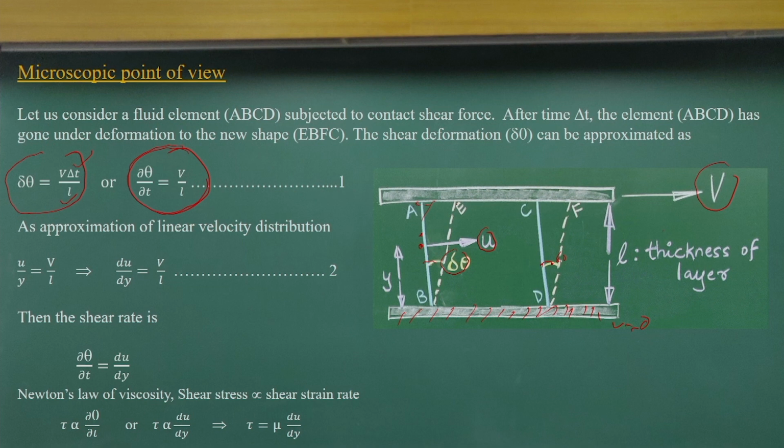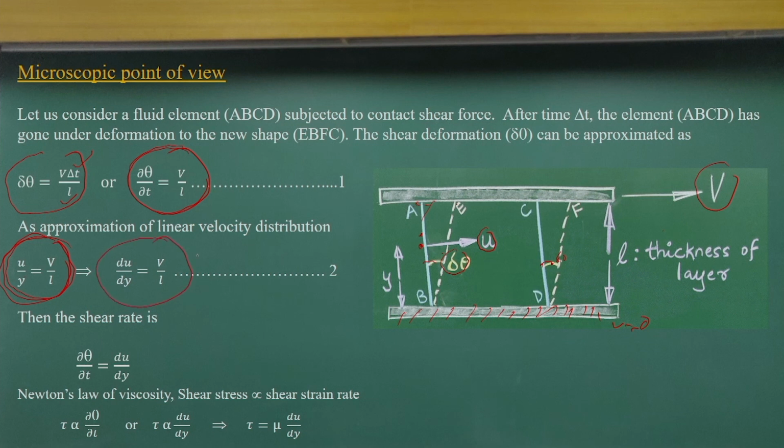Now, if I consider the y distribution and the velocity distribution, I get the small u, the velocity at these points, and the ratio of distances, as in the linear velocity distribution concept: u by y equals V by L. Simple geometry gives us this relationship.